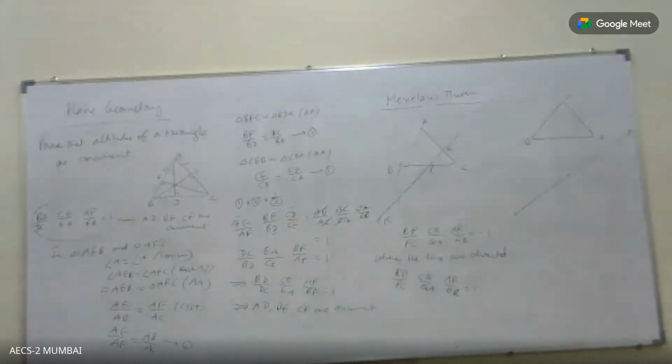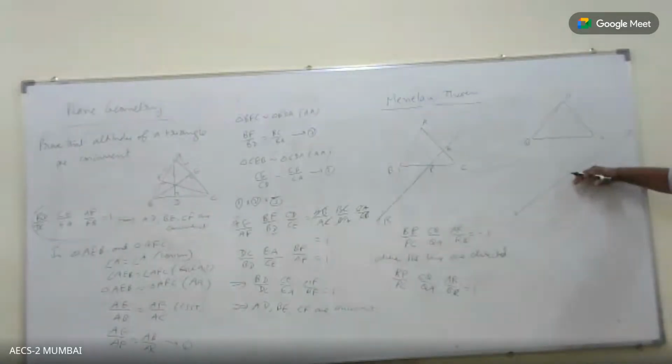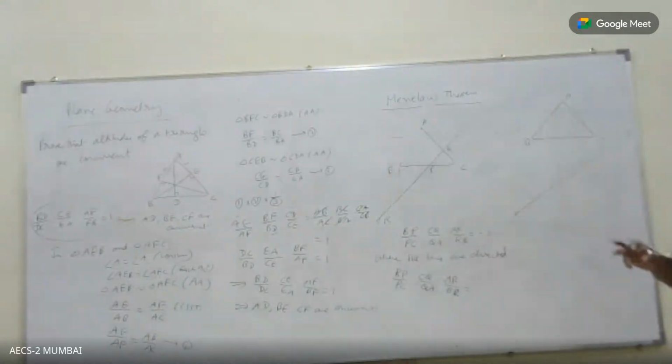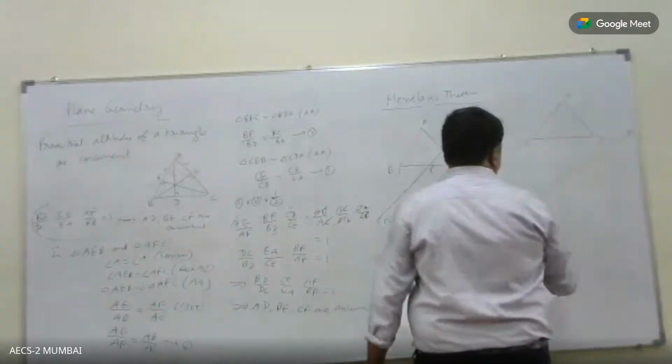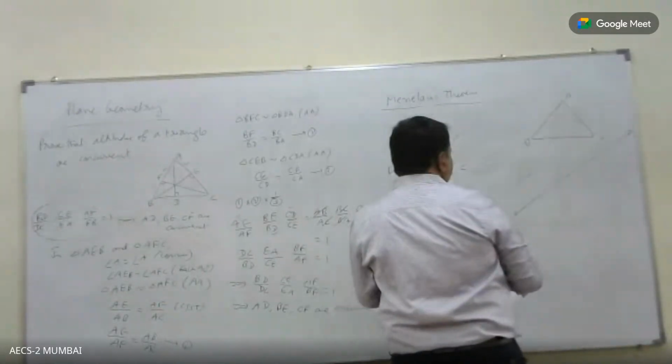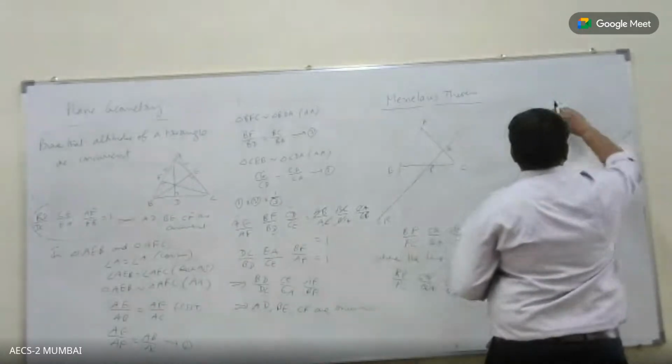First of all, are you convinced this cuts the sides AB, BC, and AC? Are you convinced? This is where we need to push one step level ahead. They intersect. We don't see it physically because it is an external intersection, right? So I have to draw a slightly better diagram.